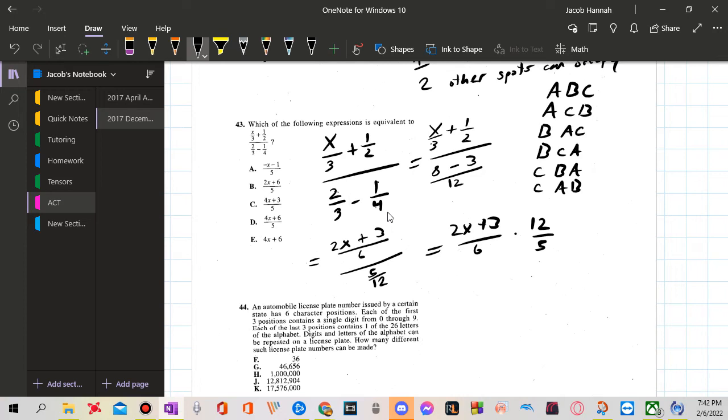Okay? So now you can take this 12 and times it by everything up top. So this becomes 24x plus 3 times 12, 36, divided by, since this is a multiplication symbol now, we can just multiply these freely. So this is 6 times 5, which is 30.